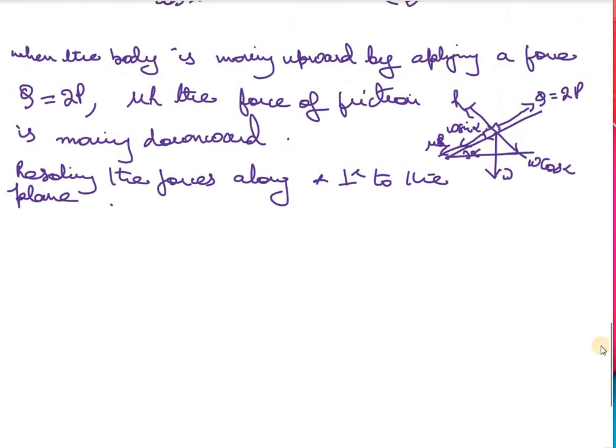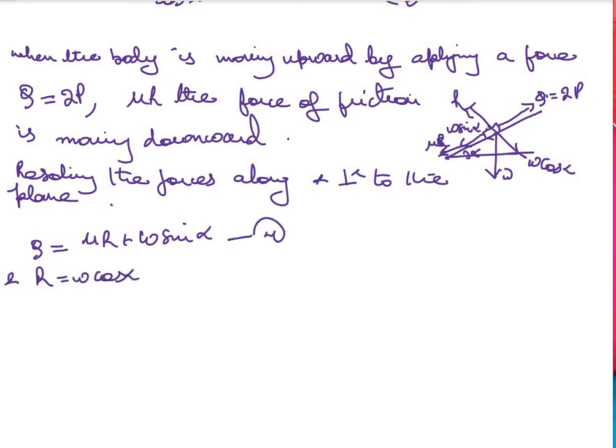Along the inclined plane, they are mu R, W sin alpha, and Q, which is twice P. We have Q here is equal to mu R plus W sin alpha. And what is this normal reaction? Perpendicular to the plane, R is equal to W cos alpha.